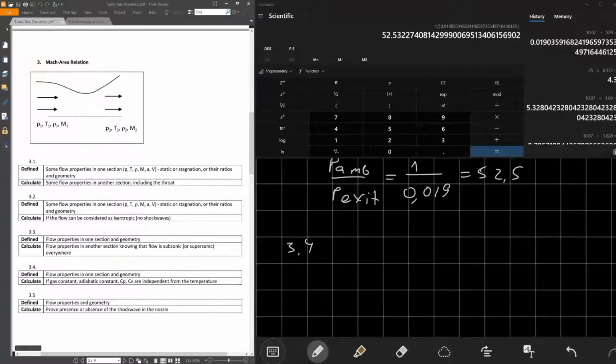So the limit temperature to have these values as constants is usually 1500 Kelvin. So for temperature smaller or equal to 1500 Kelvin, our gamma, R, Cp, Cv are constant.